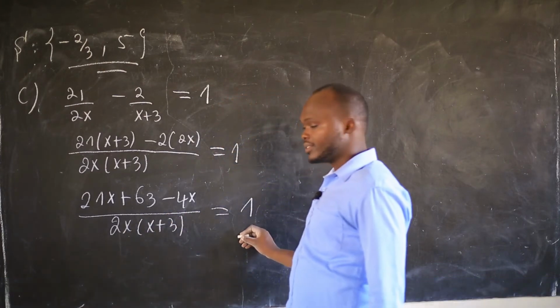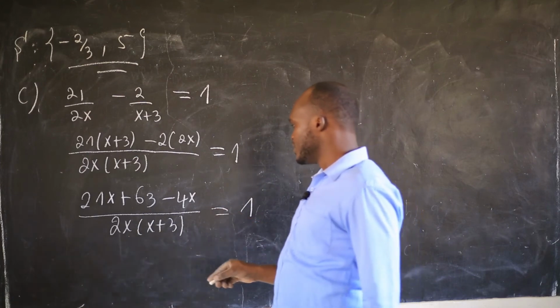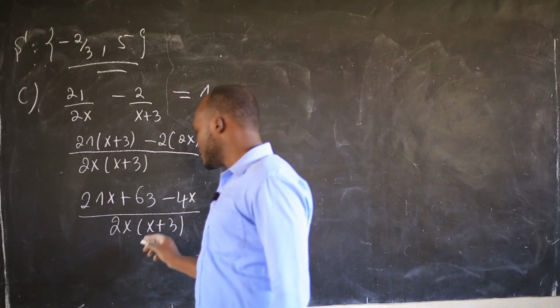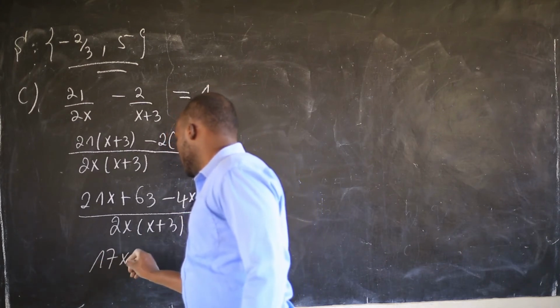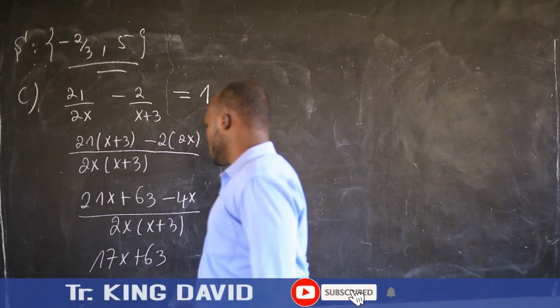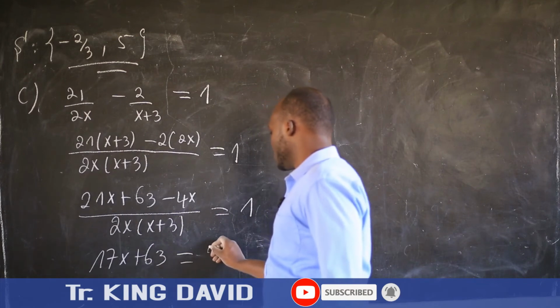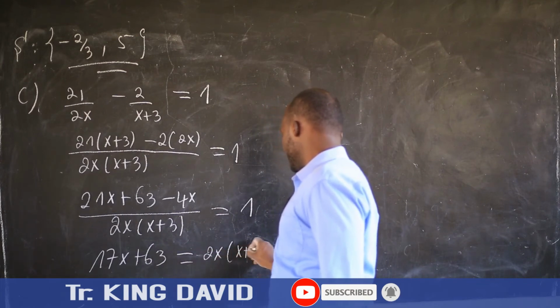We cross multiply. If we cross multiply, it will be 21x minus 4x, we are getting 17x plus 63 equal to 2x into bracket x plus 3.